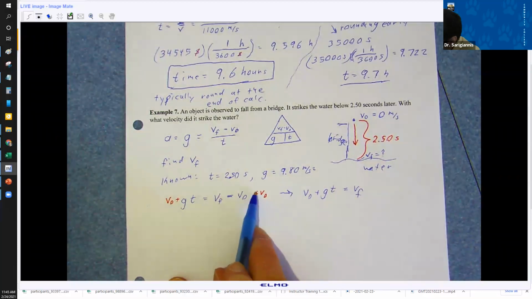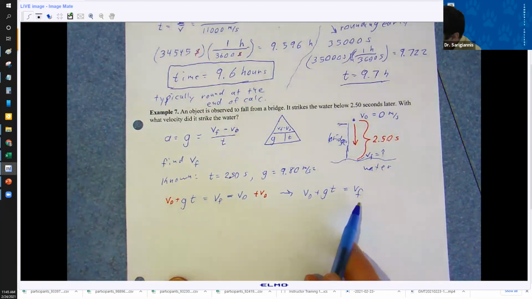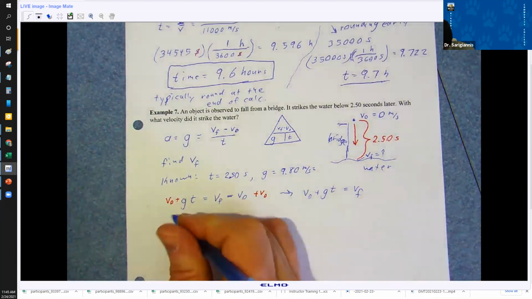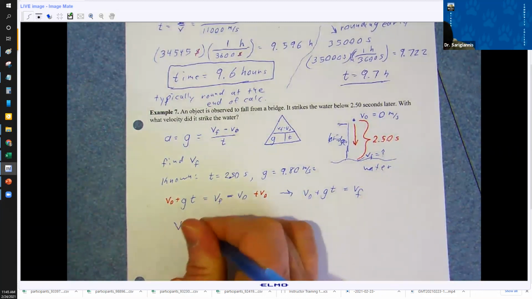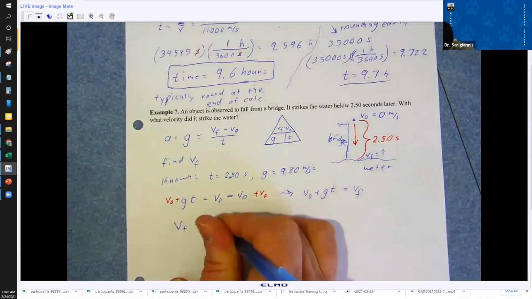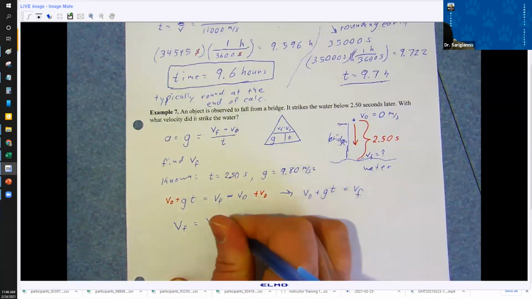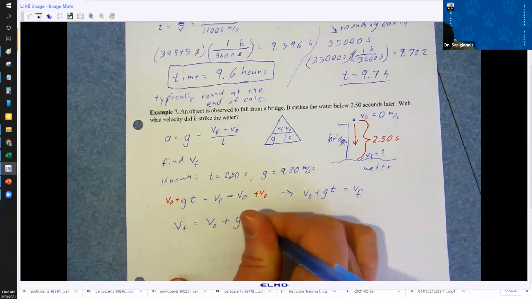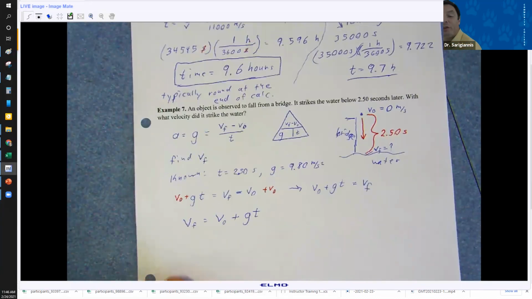Because here I've got a plus V naught, here I've got a minus V naught, so they're canceling out. So this is what VF is. Let me just rewrite it down here. VF is just equal to V naught plus g t.